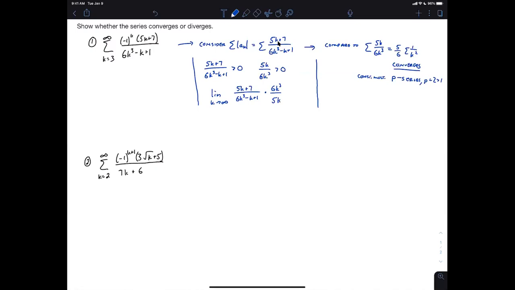That's equal to the limit as k approaches infinity of 30k to the fourth over 30k to the fourth, which is 1, and that's bigger than 0. So this middle series converges by limit comparison test.